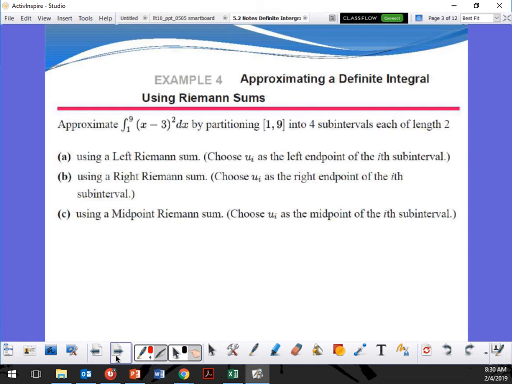So it's 9 minus 1 over 4, which is 2. They're equal length. I'm trying to show you that it still works out. What is dx? dx is my delta x, the thickness of that. Does that make sense?